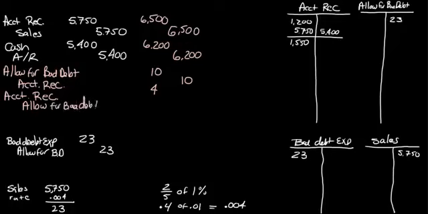Basically, you're reversing the entry right above. Then you show the cash coming in of $4 as a debit and credit your accounts receivable for the $4. So basically, it puts the money back into the bad debt expense.